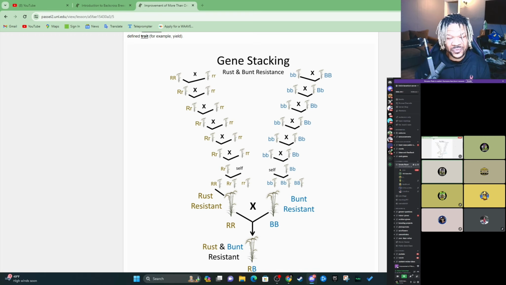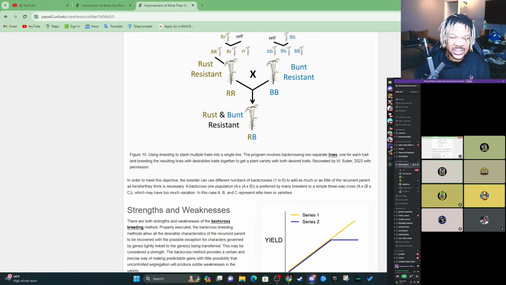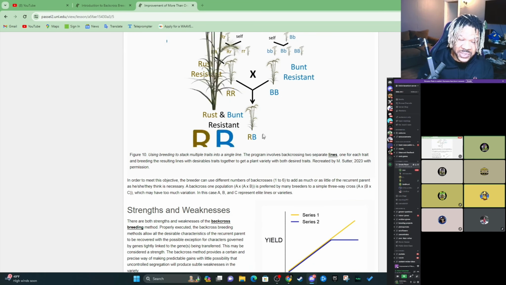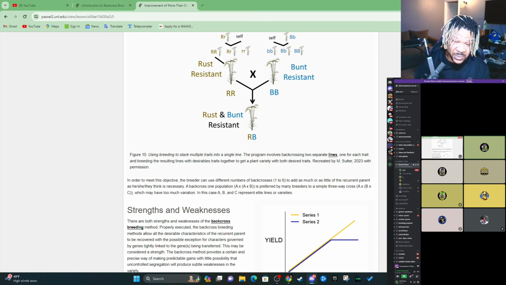Yeah, that's right. Exactly. So figure 10, using breeding to stack multiple traits into a single line. The program involves backcrossing two separate lines, one for each trait, and breeding the resulting lines with desirable traits together to get a plant variety with both desired traits. Recreated by M. Sutter, 2023, with permission.